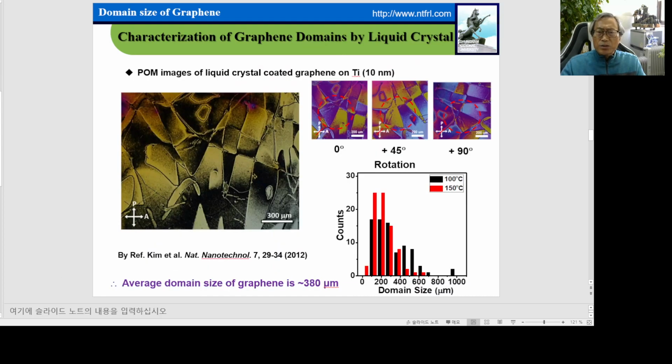And then we wanted to check the domain size of our graphene grown at 100 degrees C. From that result, we determined the domain size of graphene is almost 380 micrometer on silicon substrate.